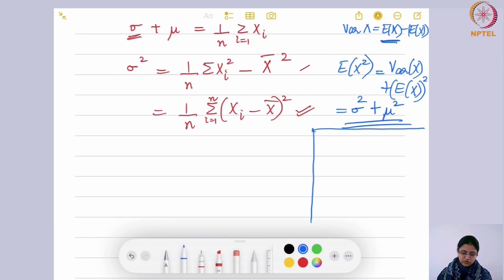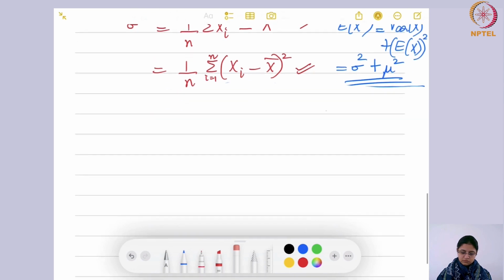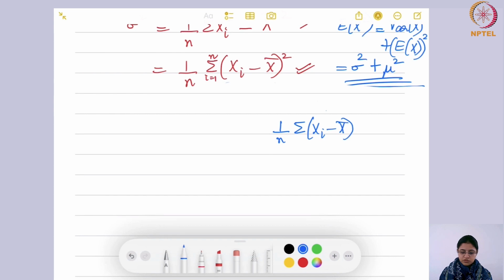Here you have 1 over n summation xi minus x bar whole square.